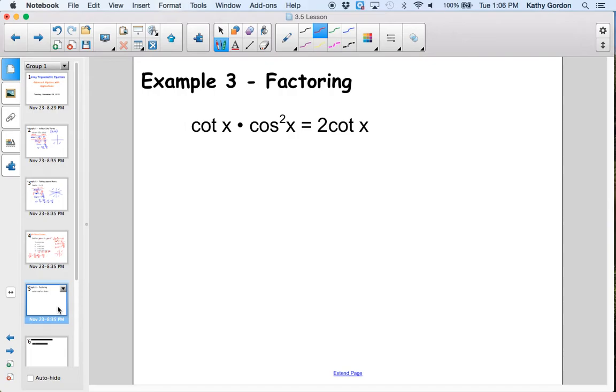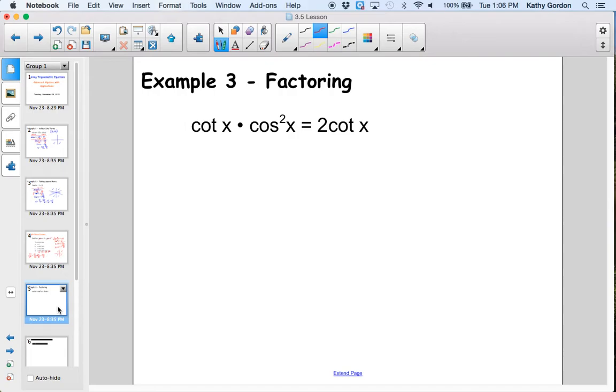That seem reasonable? That's where it's not intuitive. Because that's what we all want to do, right? We all will look at that and go, oh look, cotangents on both sides. Let's cancel them out. The problem with that is that your cotangent of x has x in it. It has a variable in it.